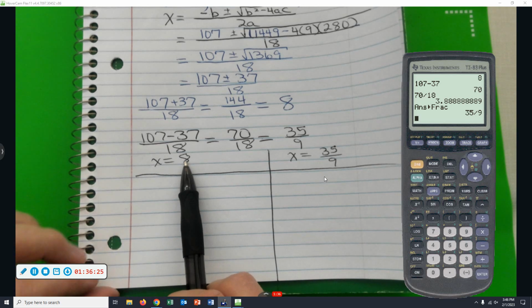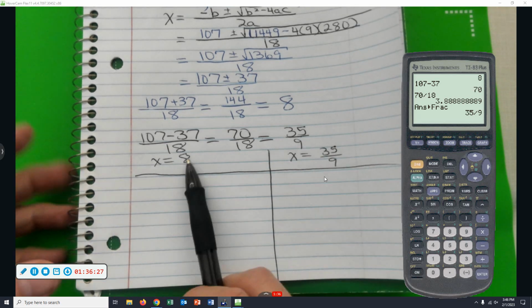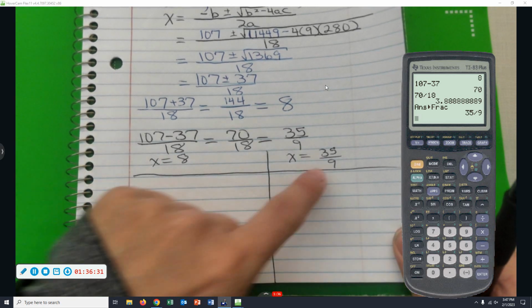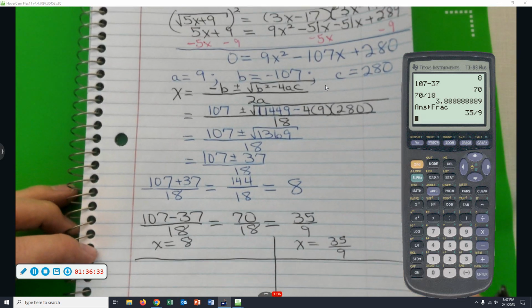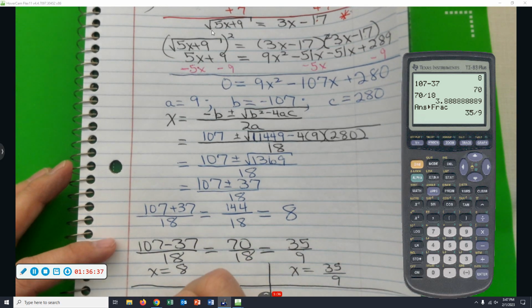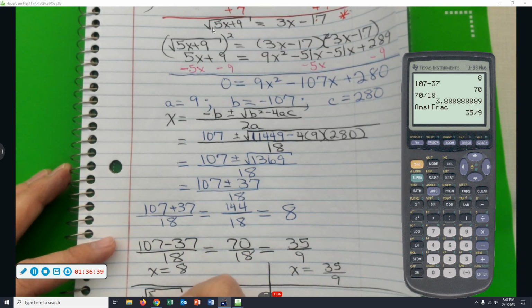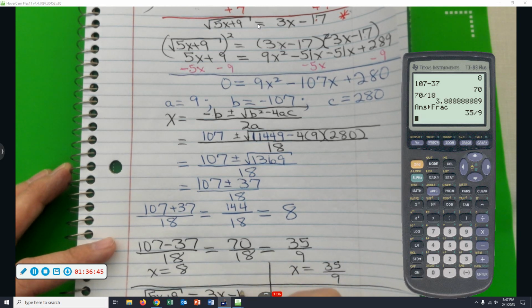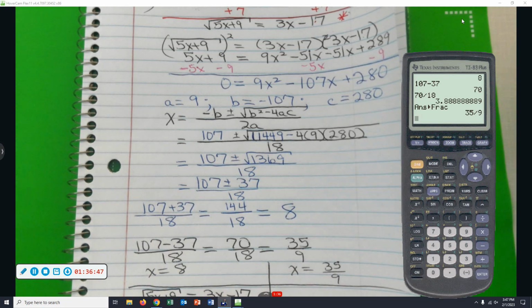I think 8 will be easier than 35 ninths. I'm going to write it right here. The thing we're plugging into is the square root of 5x plus 9 equals 3x minus 17.